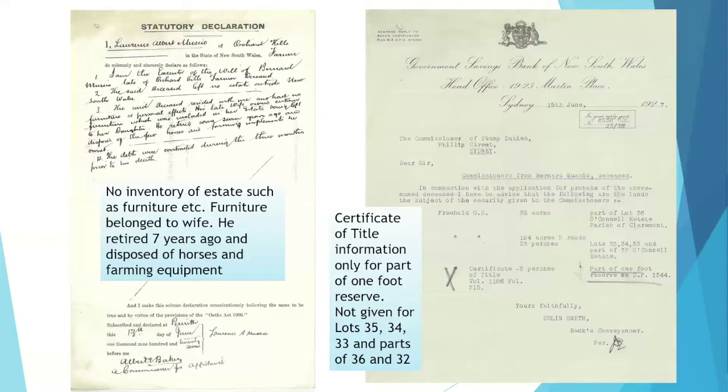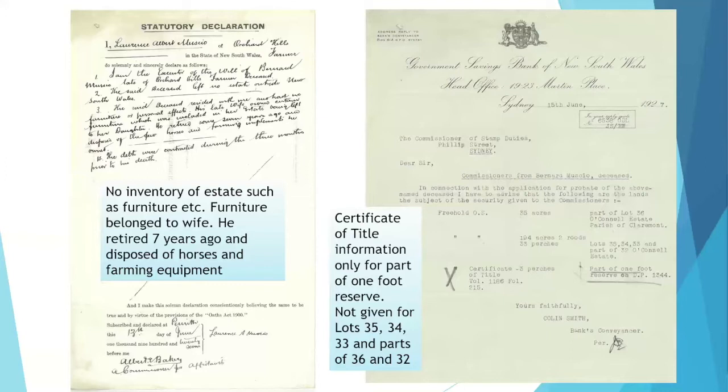It had a list of all the horses, their colours and their names. But with Bernard, we actually don't get that list because his furniture belonged to his wife and that was left to his daughter when she died. And he retired 7 years ago, so circa 1920, and he disposed of the horses and the farming equipment that he had.